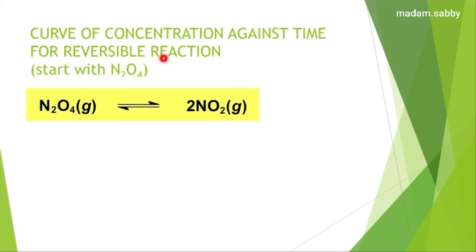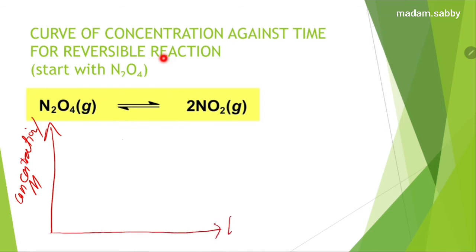So let's now plot a curve of concentration against time for a reversible reaction. We can either start with N2O4 in this example, or we can also start with NO2. If we start with N2O4 gas, concentration is on my y-axis, with unit of molar, and then time.